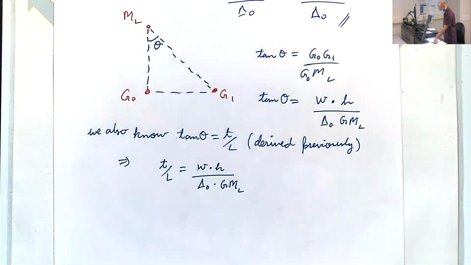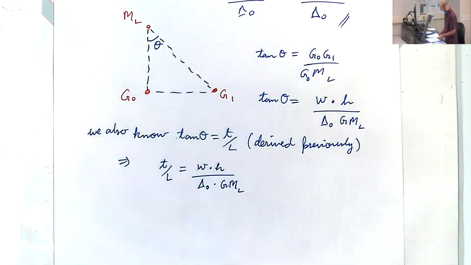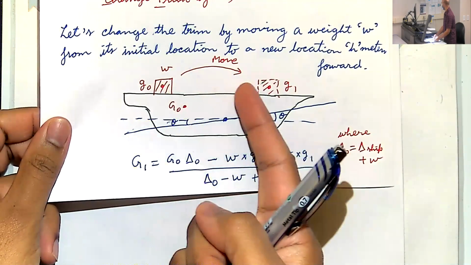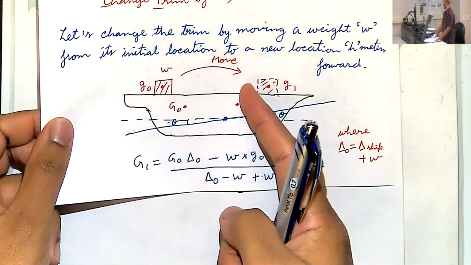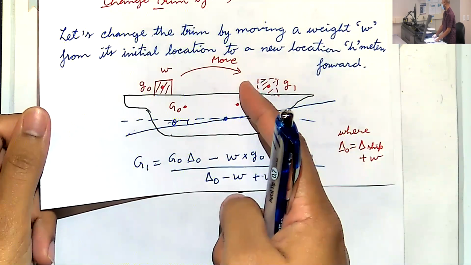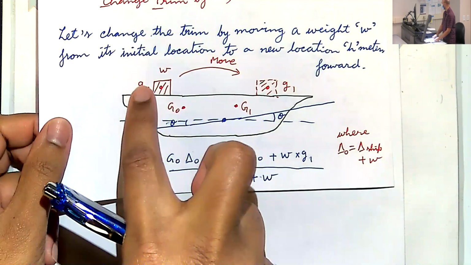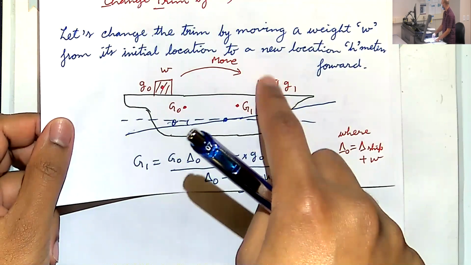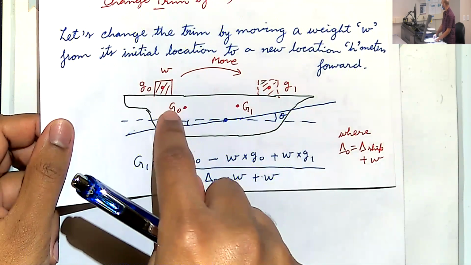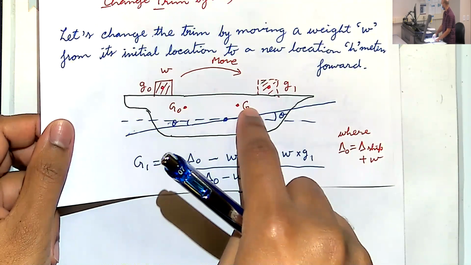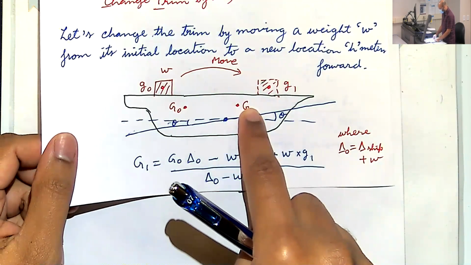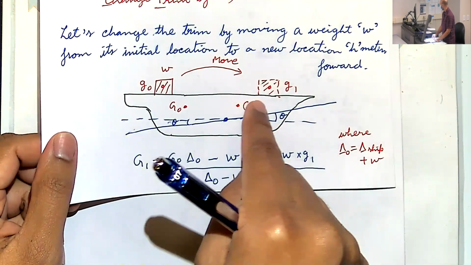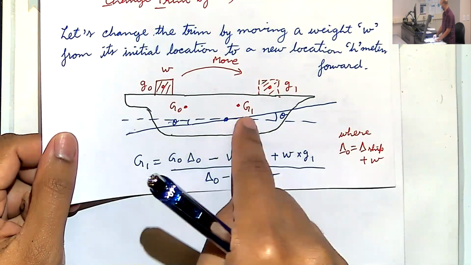Now, when we move this weight, we have changed the moment by a certain value. By how much? We know what the force is, that's W, the weight, and we know the moment arm. That's basically the change in moment, the force times distance.